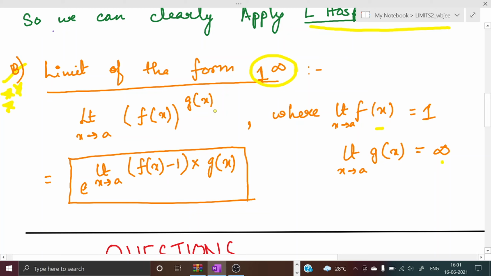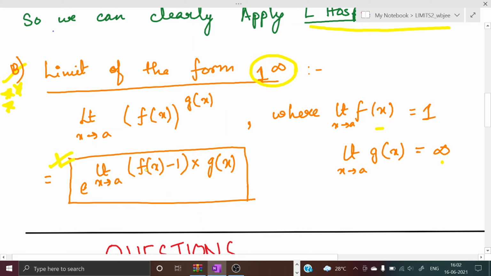Then f of x to the power g of x tends to 1 to the power infinity, which is an indeterminate form, and you can find the result of the limit by using this formula: e to the power limit x tends to a, f of x minus 1 into g of x. This entire limit is in the power of e.